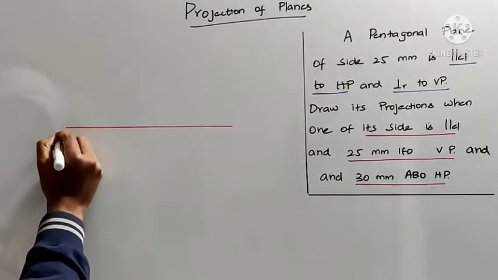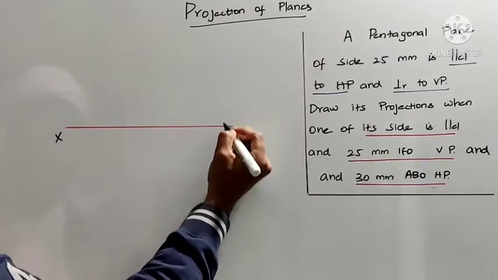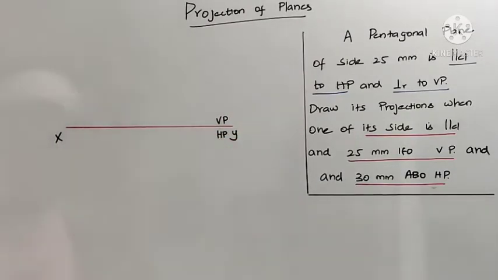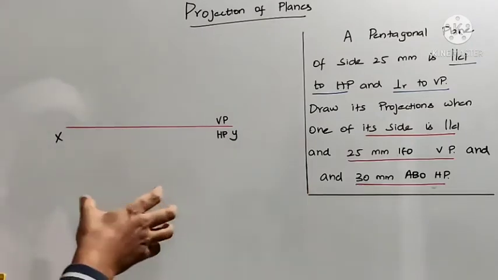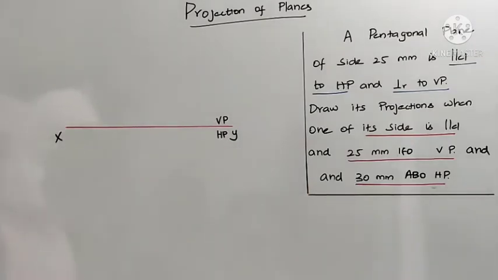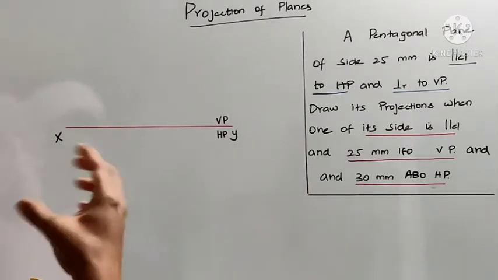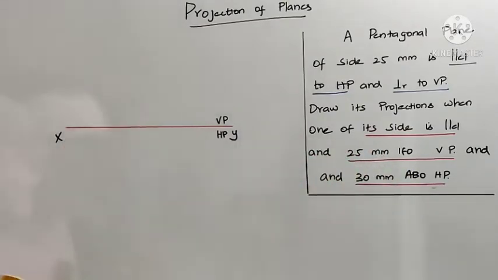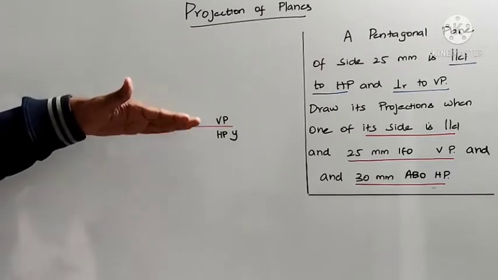So this is my XY line, with the vertical plane and horizontal plane. Next, the true shape will be visible in the top view, and the plane is 25 mm in front of VP. So this will be your VP and it is 25 mm in front.